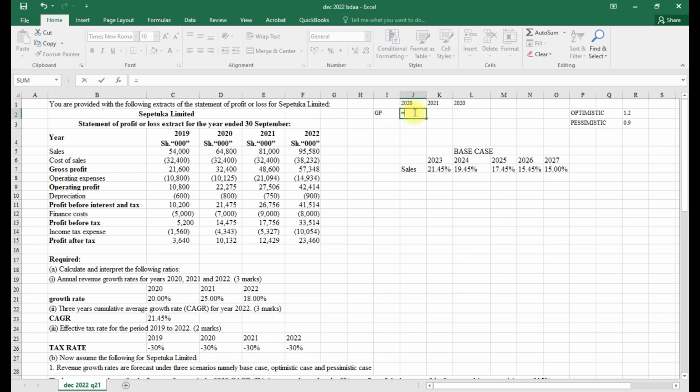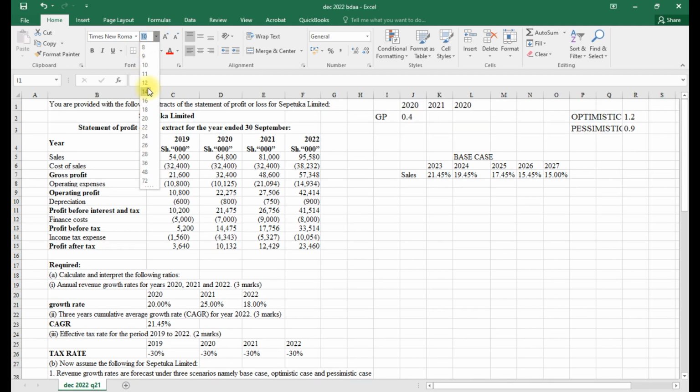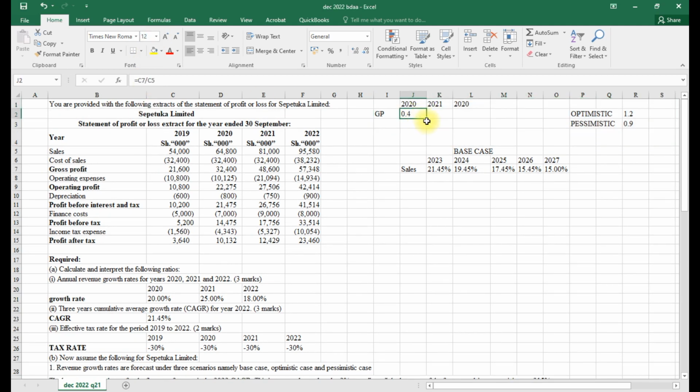Here our gross profit in this one will be our gross profit percentage over sales, and I enter that one, and let me first format this area to be 12, and I will drag this. I will increase, change that to percentage. Yeah, whether with 2 or 1 it will be okay.